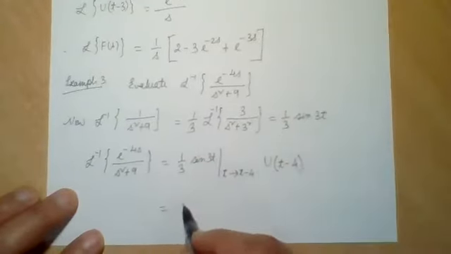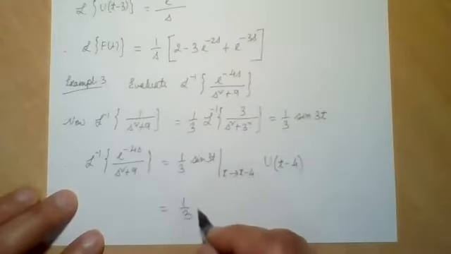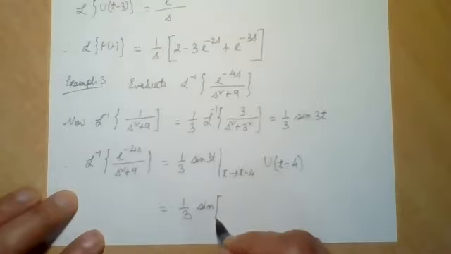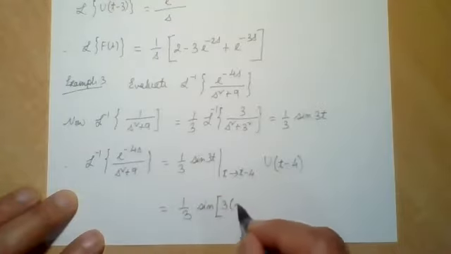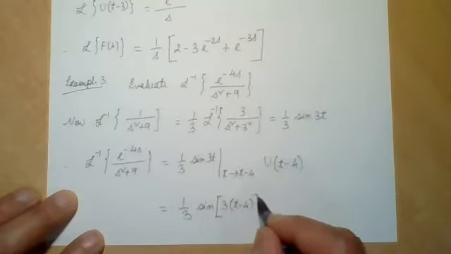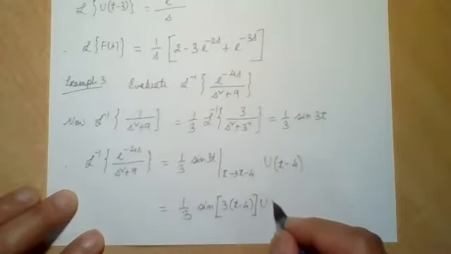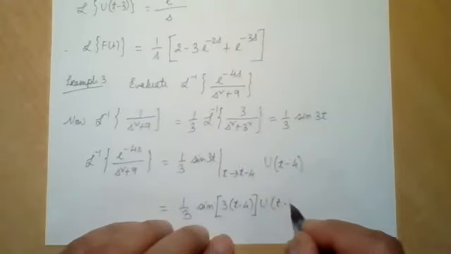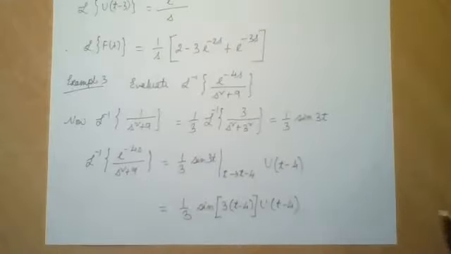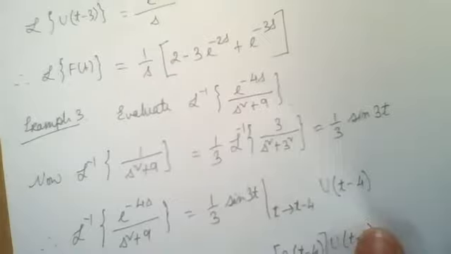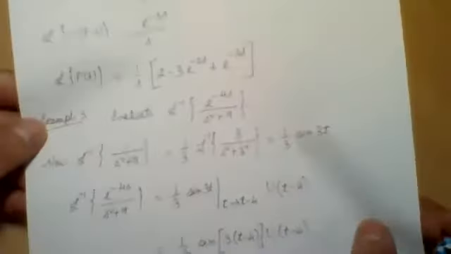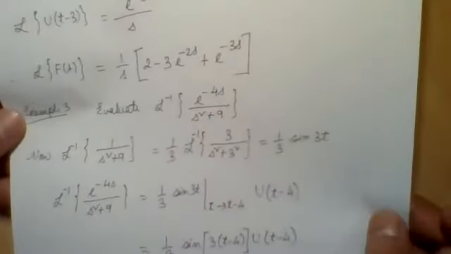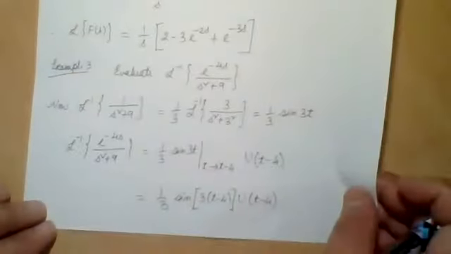So this is equal to 1 by 3 sine of 3 times t minus 4 multiplied by u of t minus 4. So this is our final answer. Okay, this is fine. So let us look at another example.